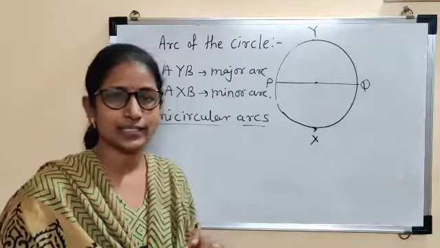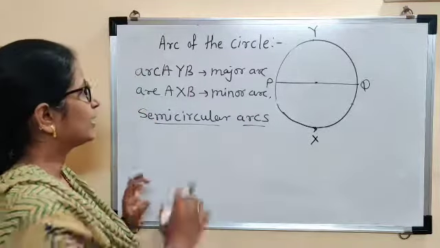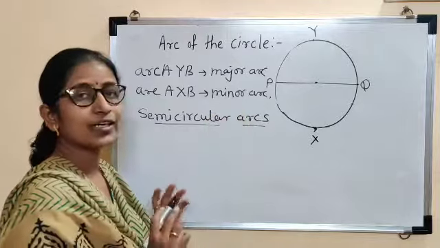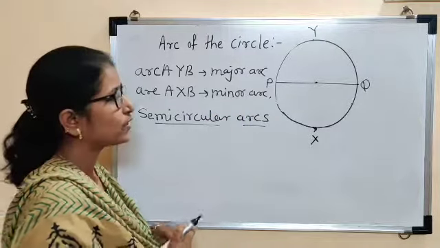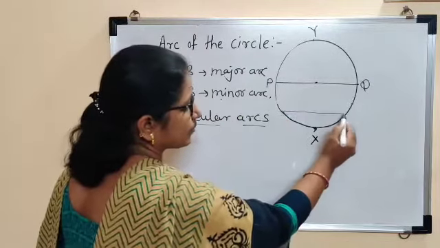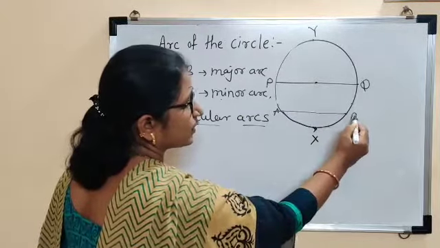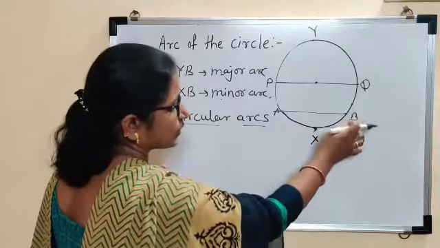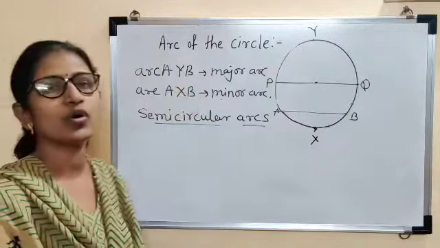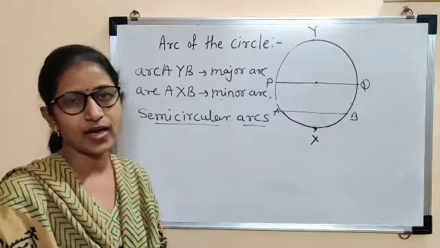And this major arc and minor arc are also called corresponding arcs, because these two arcs have the same endpoints. Now see, endpoints A and B. So AYB, AXB, endpoints are the same. So these two are also called corresponding arcs.